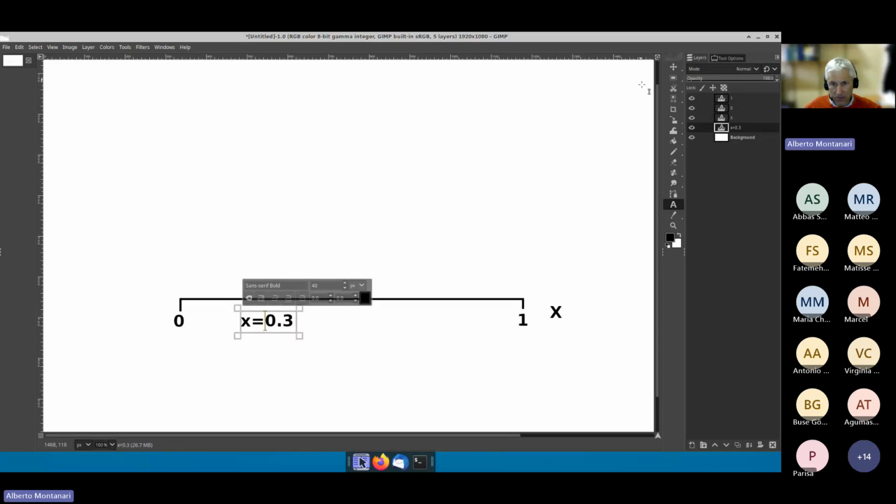Okay, so the specific value, conventionally, we indicate it with a lowercase letter corresponding to the uppercase of the random variable. 0.3 is more or less here, okay?